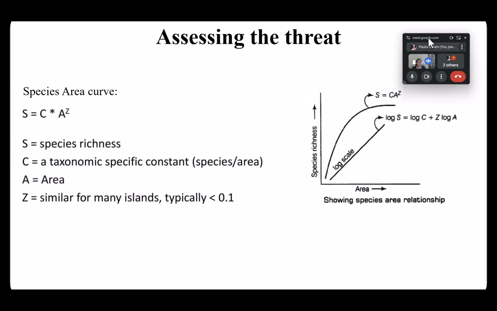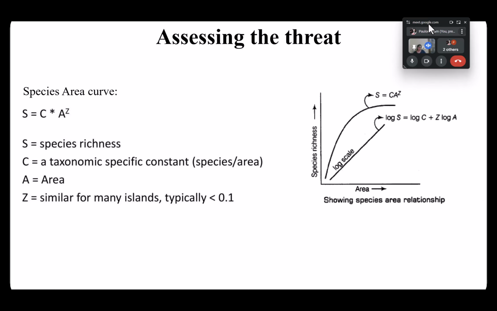So this was discussed in the lecture. This is a way of how you can assess the threat, and I'm sure you would have gone over this in the lecture. I will just explain this to you once again. So basically this is the species area curve, and here let me first explain to you. The formula is S is equal to C times A to the power Z. S is species richness, C is a taxonomic constant.